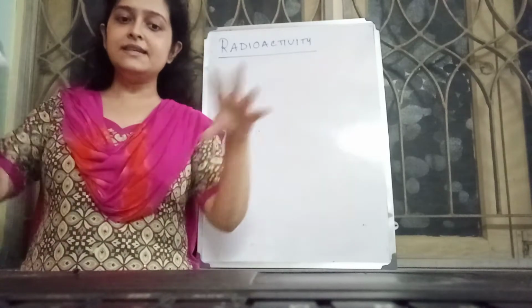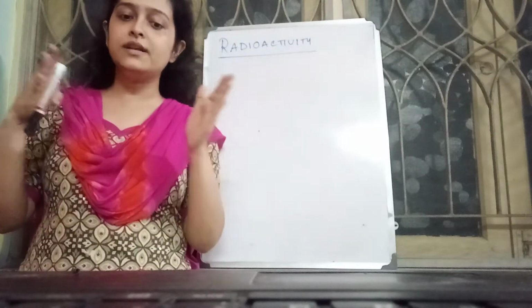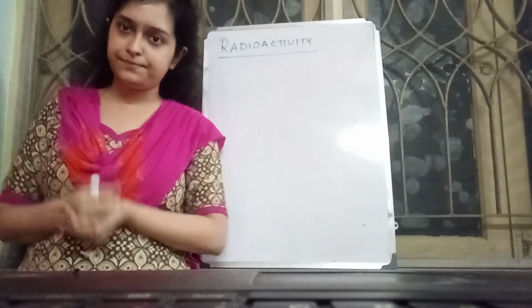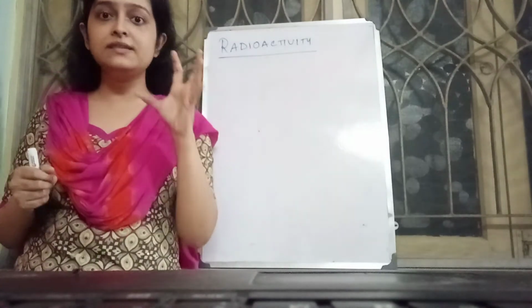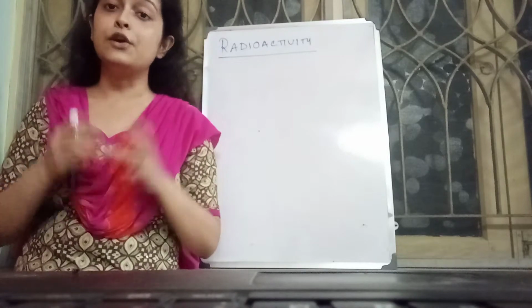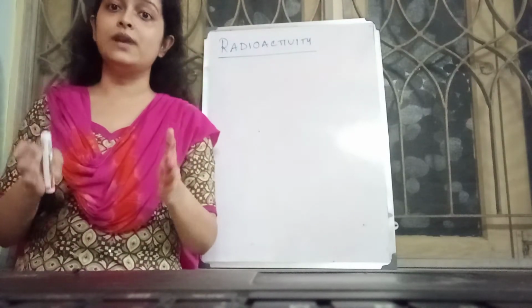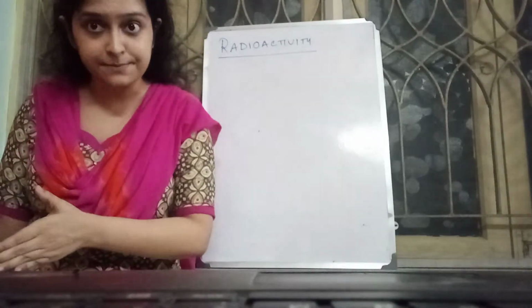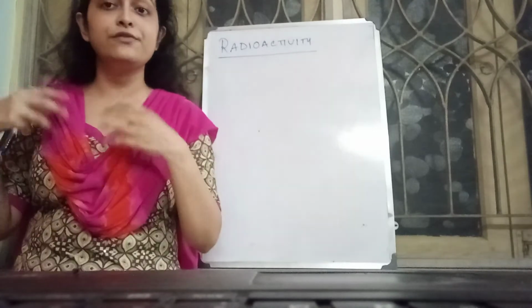So by emitting certain kinds of radiations or emissions, they keep on disintegrating or decaying. Those substances which show this phenomenon are known as radioactive substances, and the phenomenon is known as radioactivity. And the radiations are known as radioactive radiations.